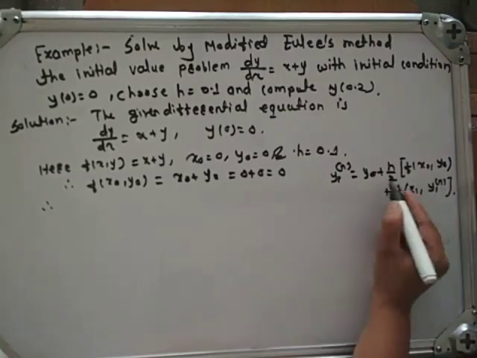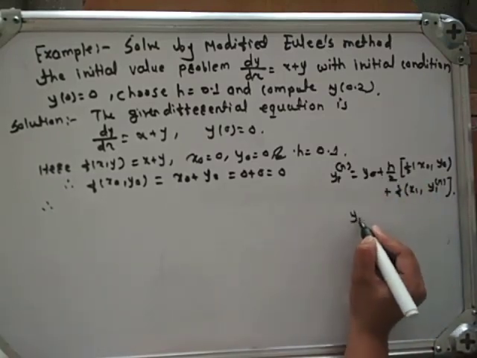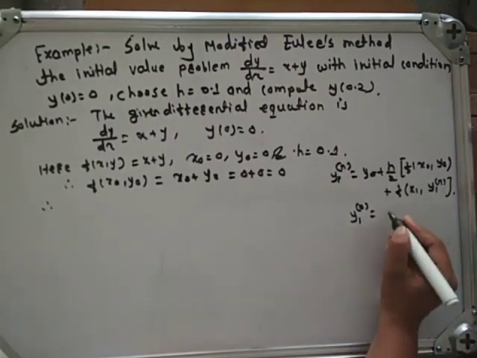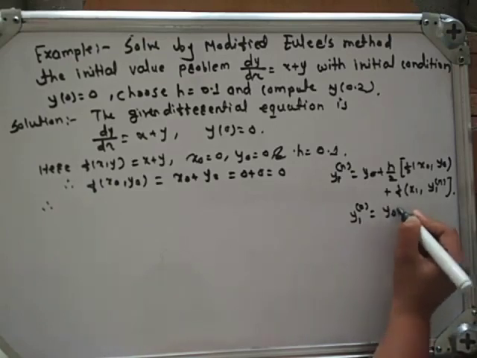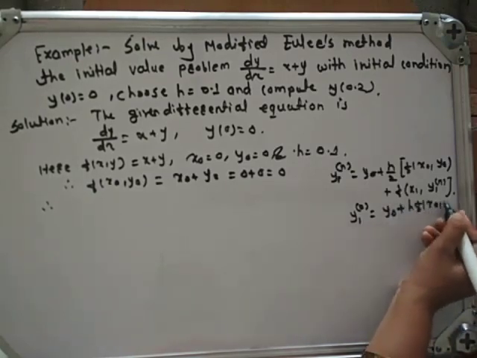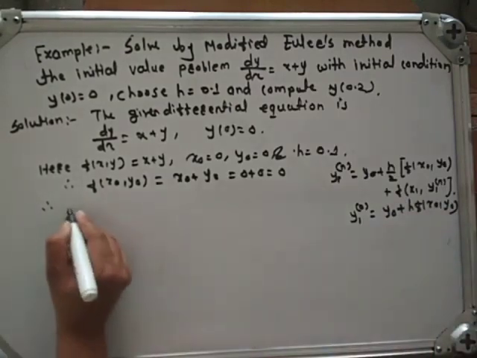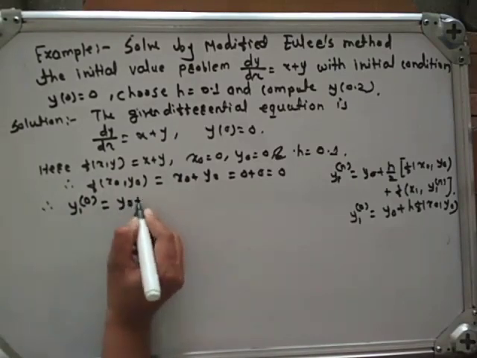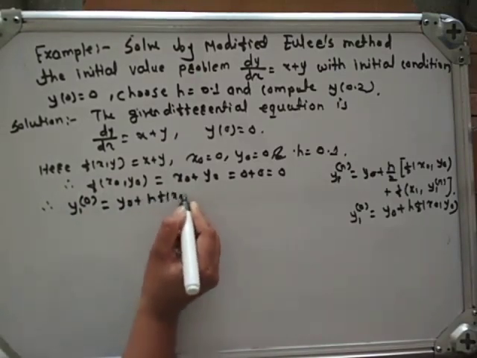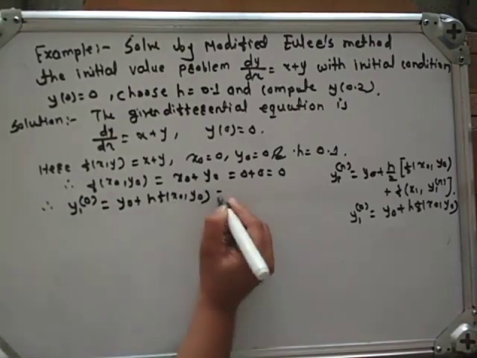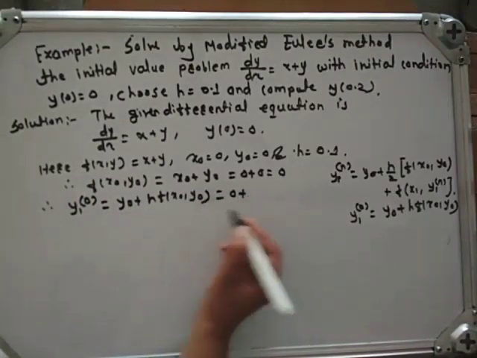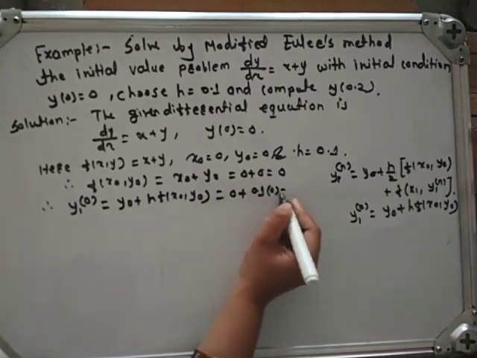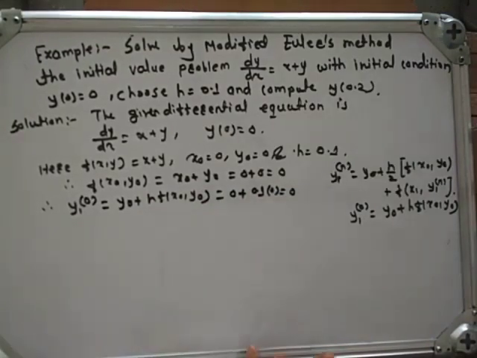We start from y1 (0), which is obtained by Euler's formula, y0 plus h into f of x0 comma y0. So first we find y1 (0): y0 is 0 plus h is 0.1 into 0. So y1 (0) is 0.